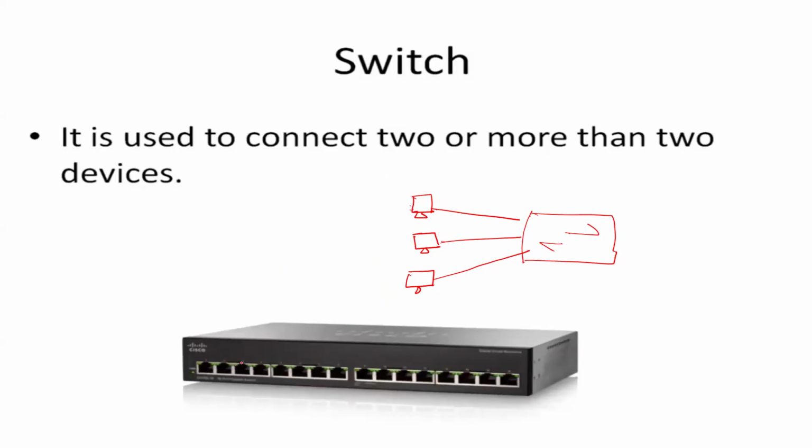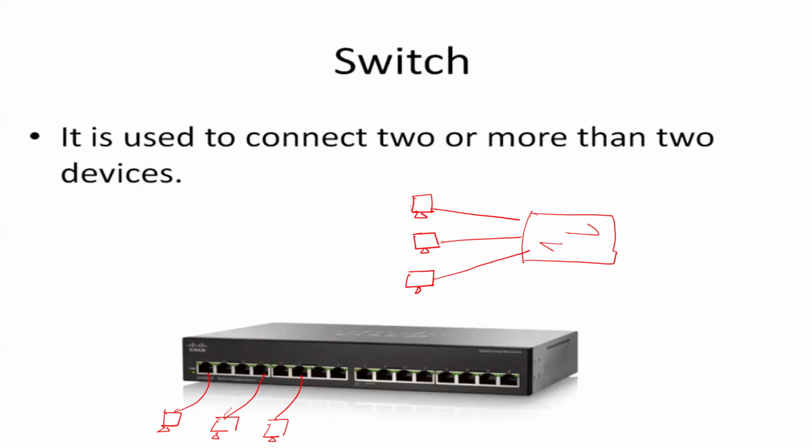This is the device, switch, and we can connect multiple devices, multiple computers, to these ports, so that we can form a network here, and devices can communicate with each other.